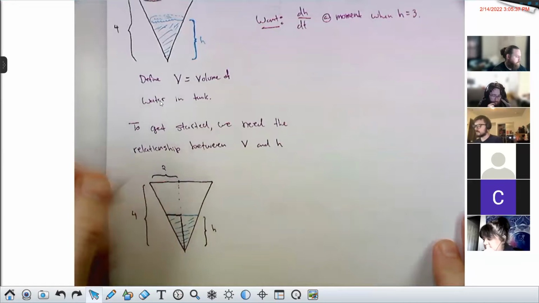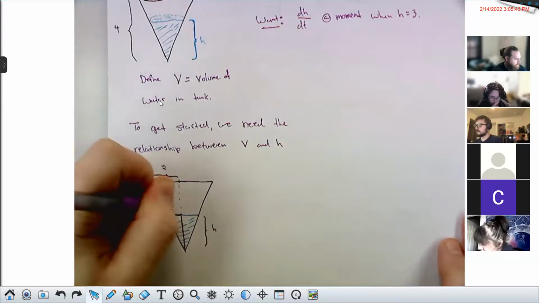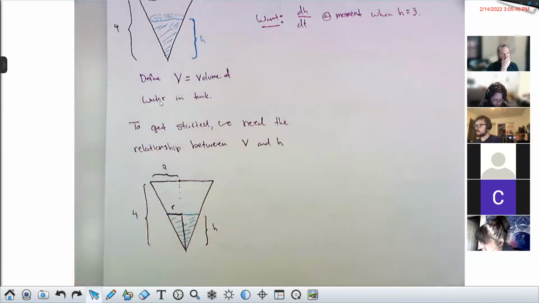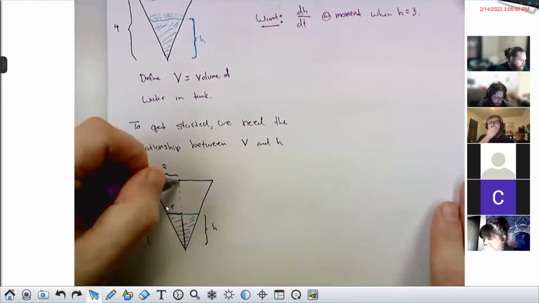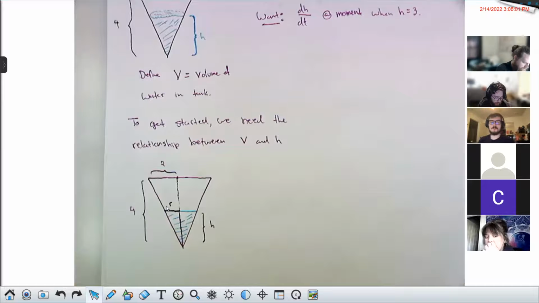This side length, I don't know. Let me call this R, or radius, right? Or you can call it X, or you call it whatever you want. Just don't call it T. The big triangle here, what kind of colors will stand out? Already got blue. How about black?